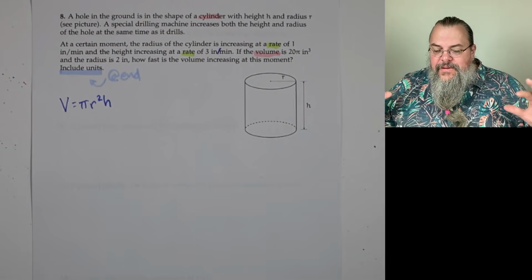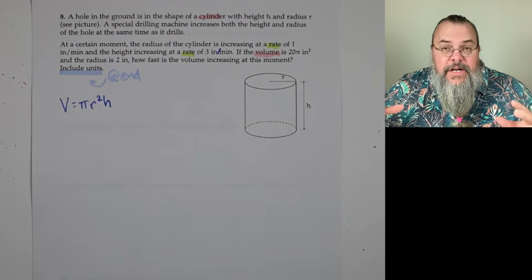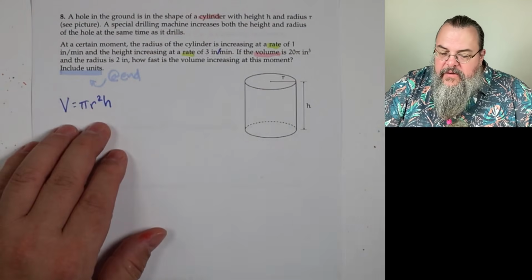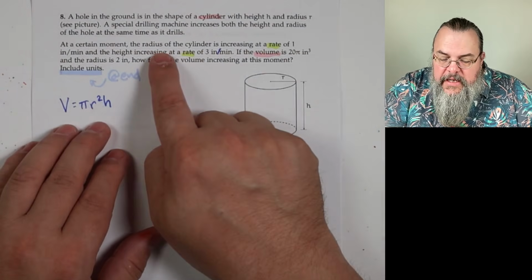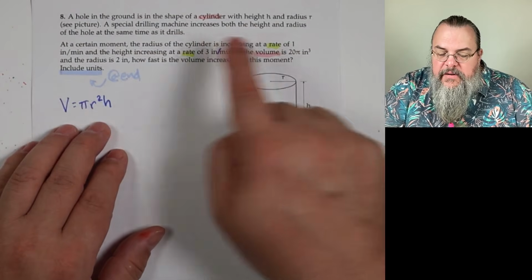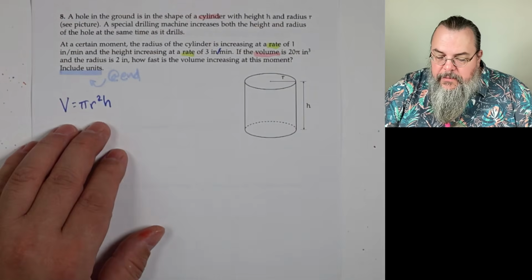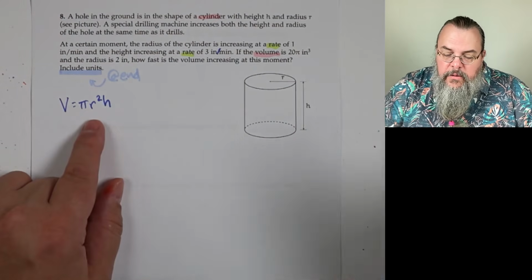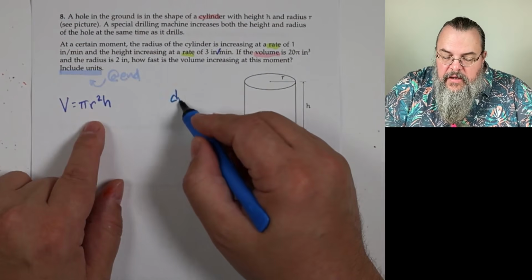Okay, so let's mark down the rates. We're going to translate what we have. So we have this formula for volume. So let's start here. The radius is increasing at a rate of 1 inch per minute. So the radius, well, that's r. So we say dr dt.